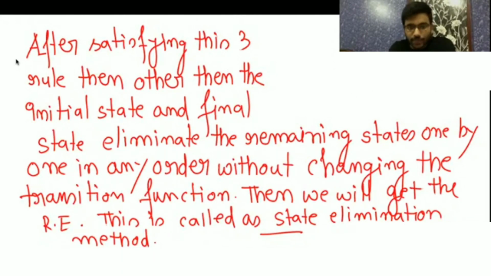If it has an outgoing edge, then create a new final state such that by only getting epsilon from the previous final state it should reach the new final state. And the third point says there should not be more than one final state. If there is more than one final state, then you have to converge them into one final state. Okay, that we have seen. And after satisfying these three rules, you can eliminate the states, meaning delete the states in any order other than the initial and final state, and you are going to get the regular expression, without changing the transition. Meaning if you are deleting something, then its delta should not get changed.